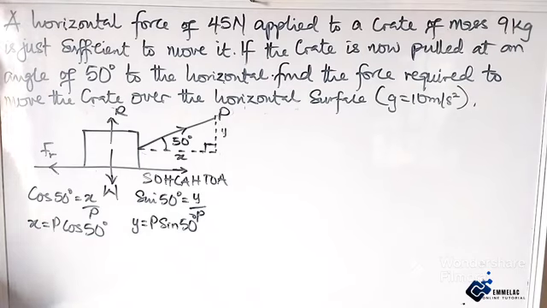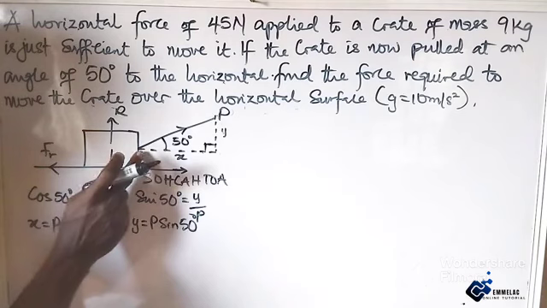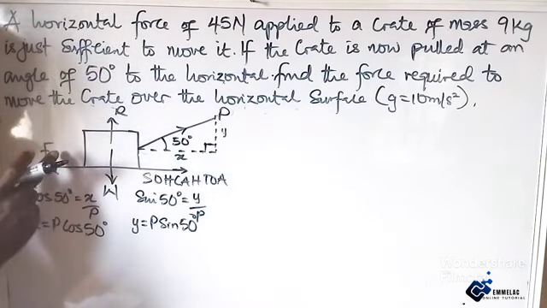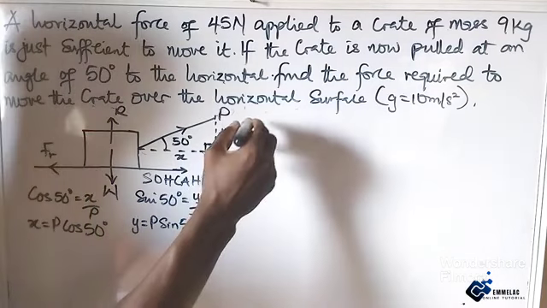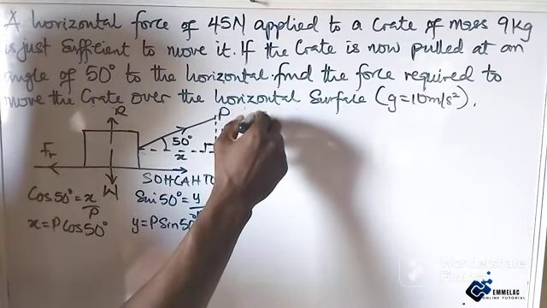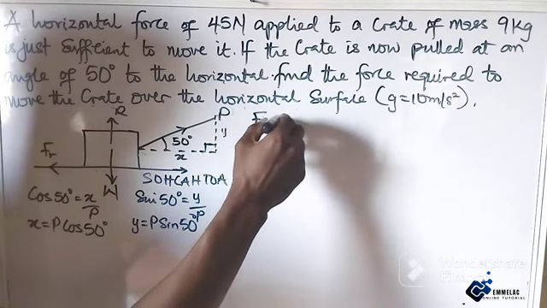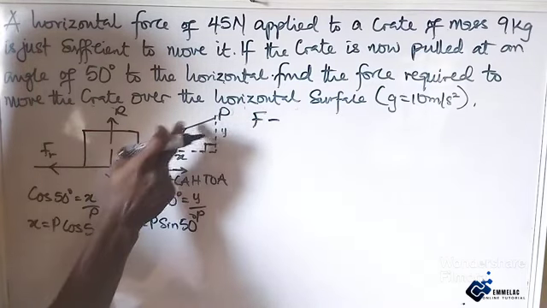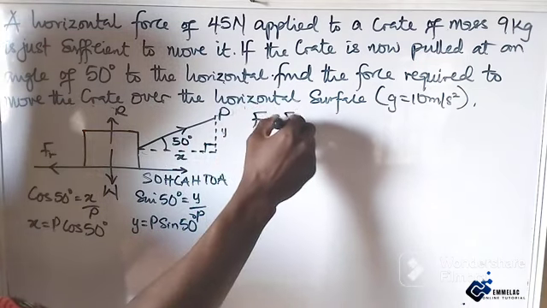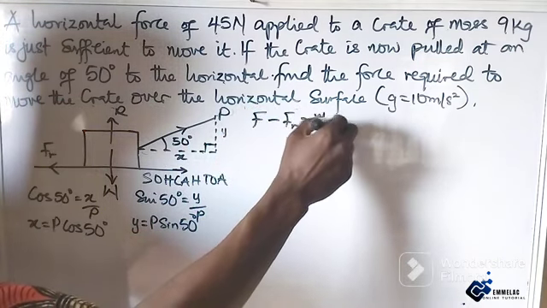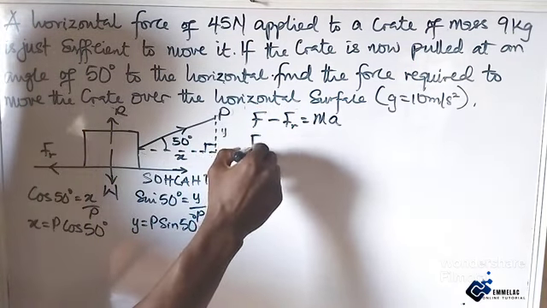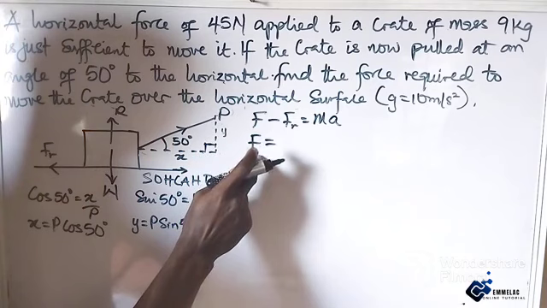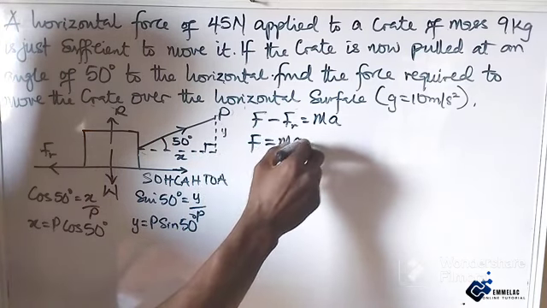Okay, now let us recall that ordinarily this force here is equal and opposite to this. So we can now say here that F minus the frictional force equals this, right? Now remember, ordinarily the force is the product of mass times acceleration.